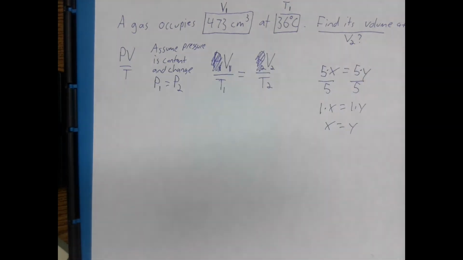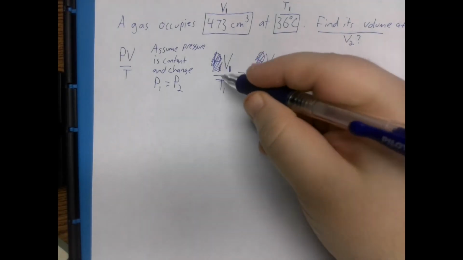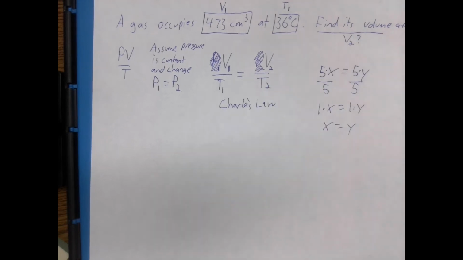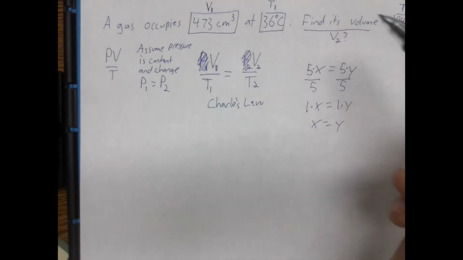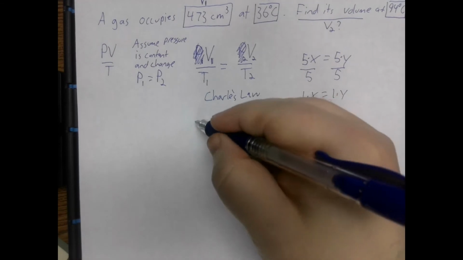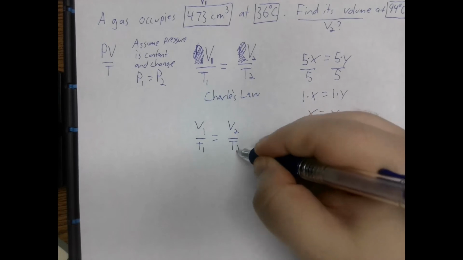And this combined gas law becomes Charles's law. So this is an example of Charles's law. We're only changing temperature and volume. So we have the equation V1 over T1 is equal to V2 over T2.